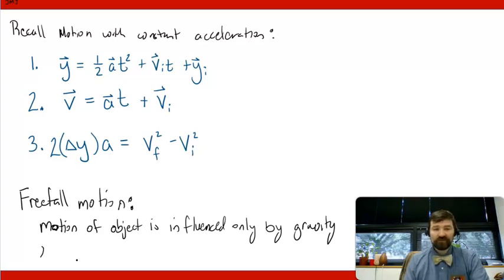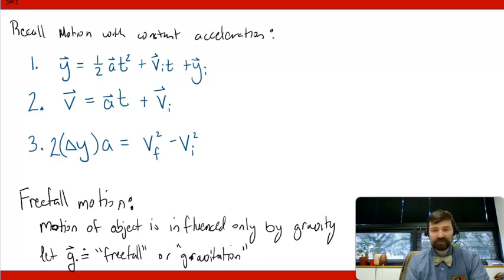So let g represent the free fall acceleration, sometimes also called gravitational acceleration. We usually just replace the acceleration in these equations by this free fall acceleration g.